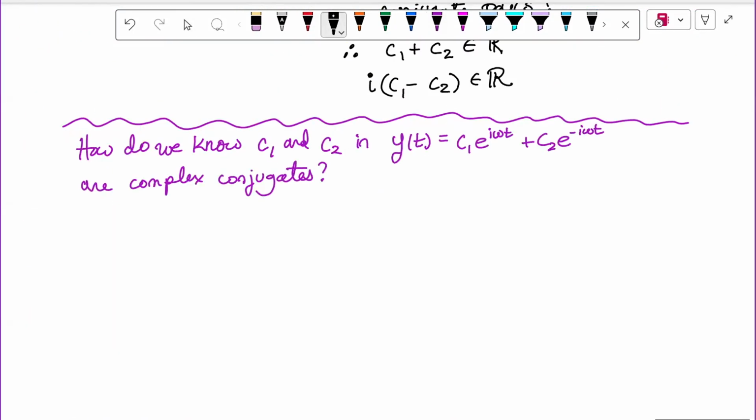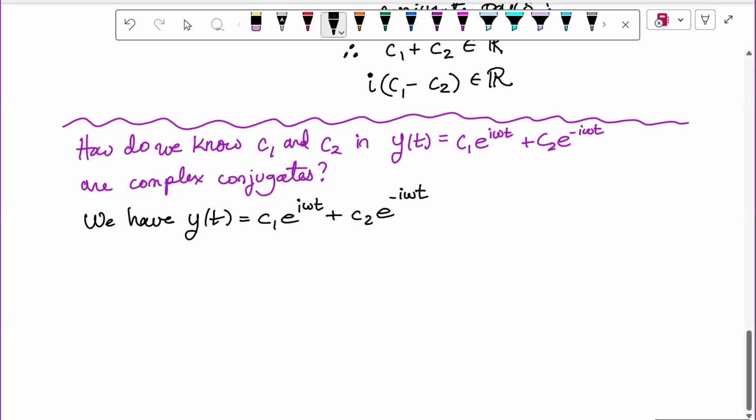We have to think about this in terms of not just the ordinary differential equation, but also the initial conditions. So starting with the fact that we have general solution C1 e to the i omega t plus C2 e to the minus i omega t, how are we going to find those coefficients C1 and C2? We find them by using the two initial conditions that will give us a unique solution.